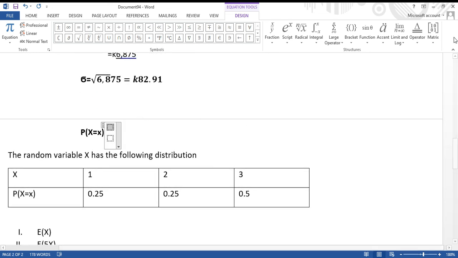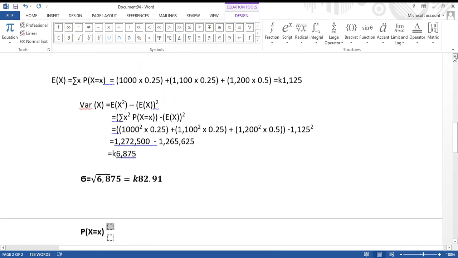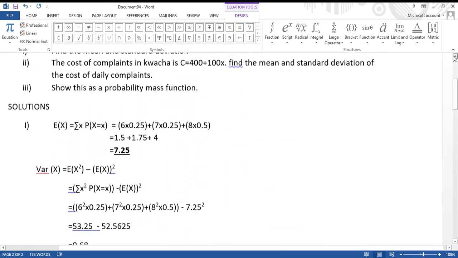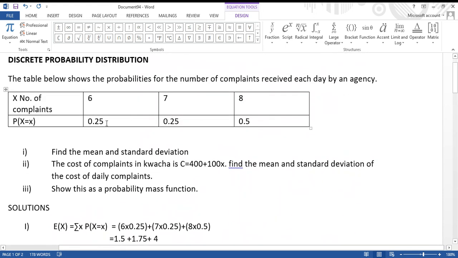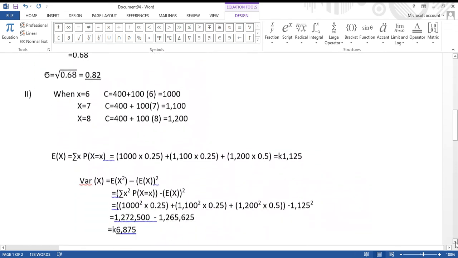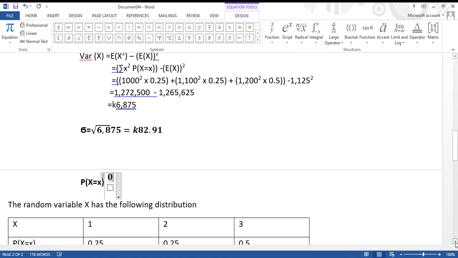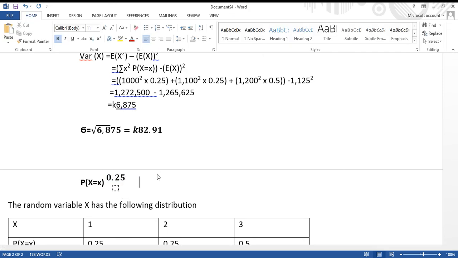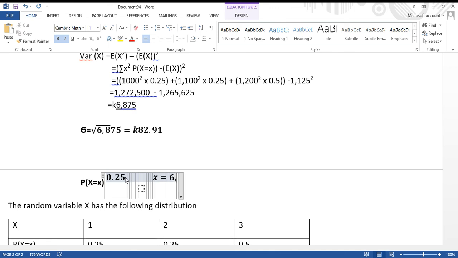So the probability of 0.25 is when x equals 6, and the probability of 0.25 is also when x equals 7. So I'm saying x equals 6 and 7.